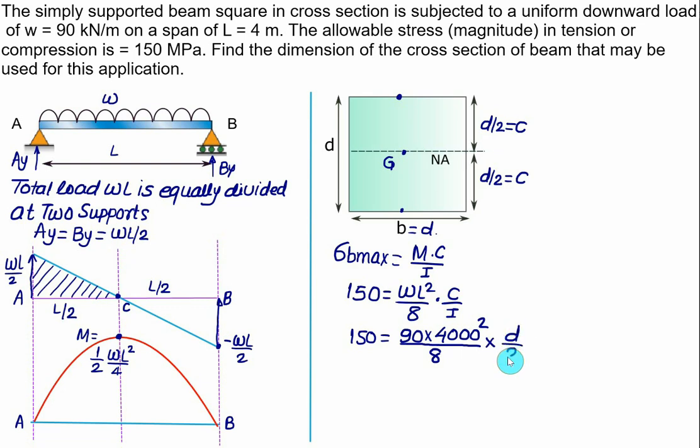So we have D by 2. And for a square section, moment of inertia is D to the power 4 by 12. So one of the D will get cancelled here, and we are left with D cube, so we can calculate the value of D. In this case, you will get the value of D approximately equal to 193.